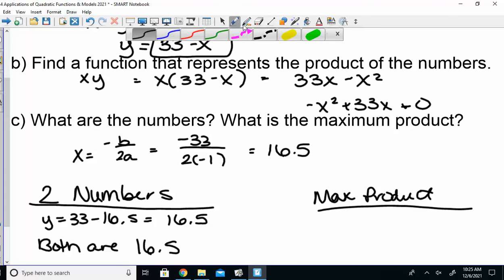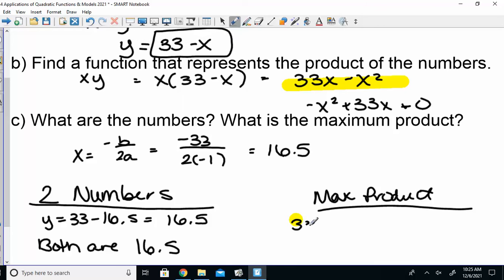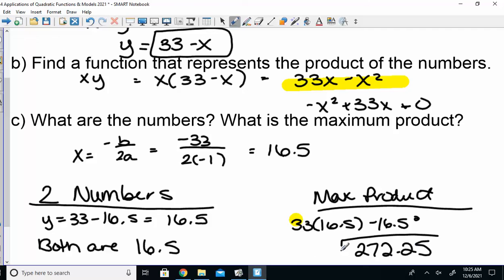Okay, we have two options. We have a formula that represents the product, so we could plug 16.5 in there for the x. So 33 times 16.5 minus 16.5 squared. So if we do that, we get 272.25.